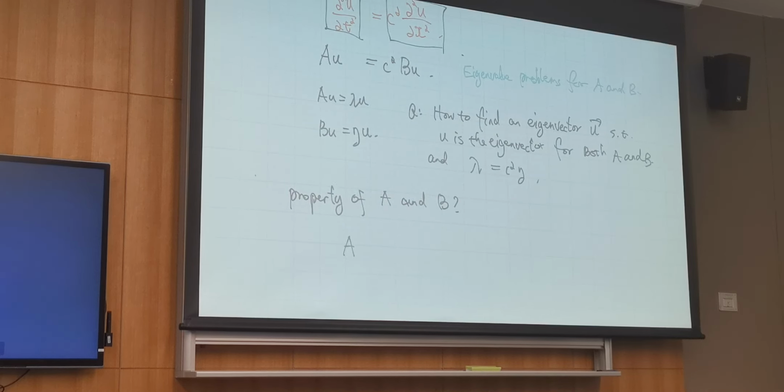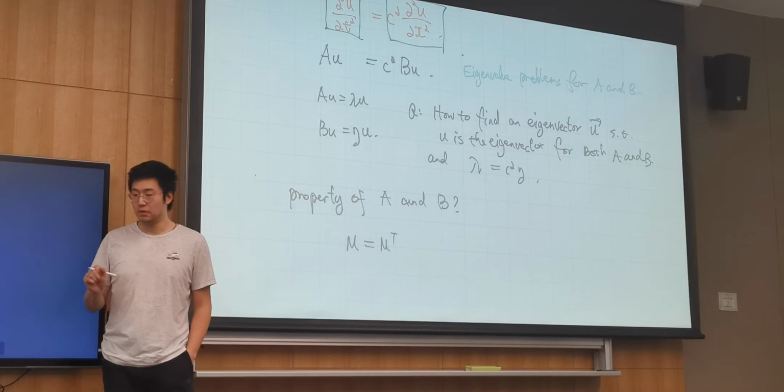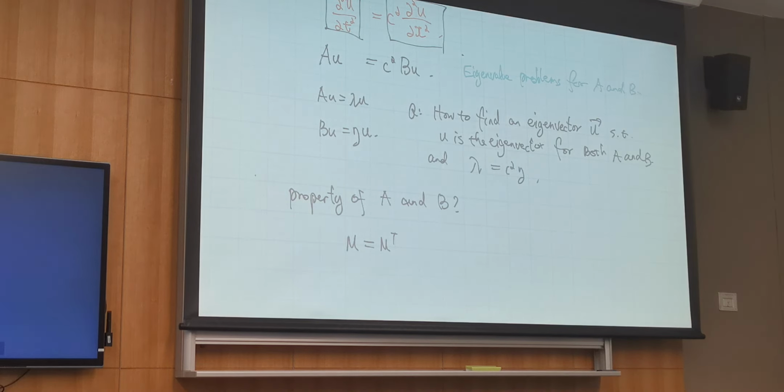Let me not use A and B. If a matrix M satisfies that M equals M transpose, what kind of matrix is M?